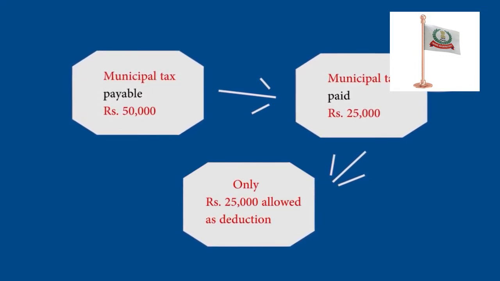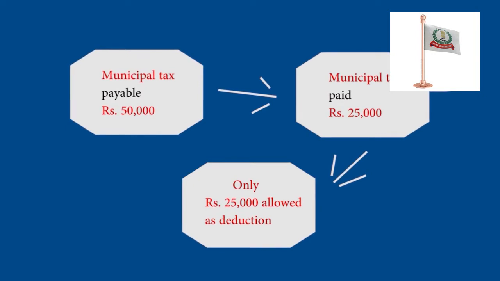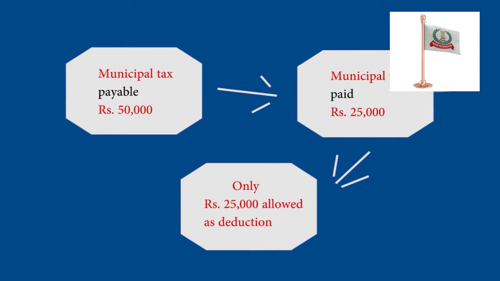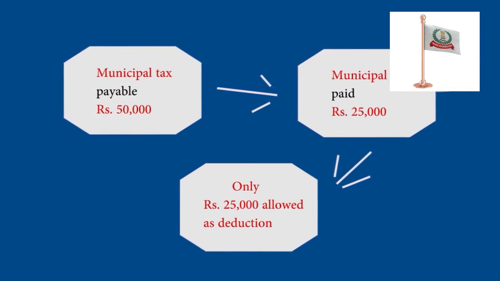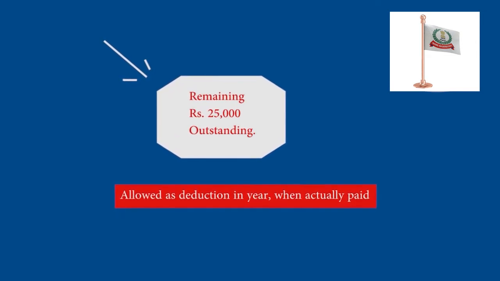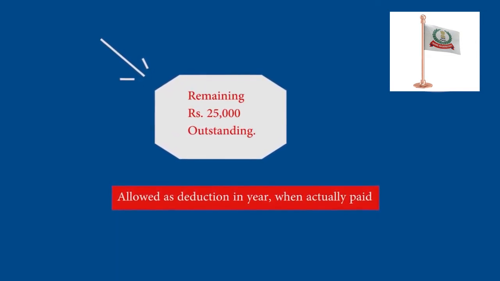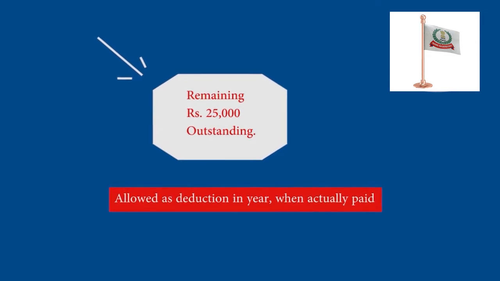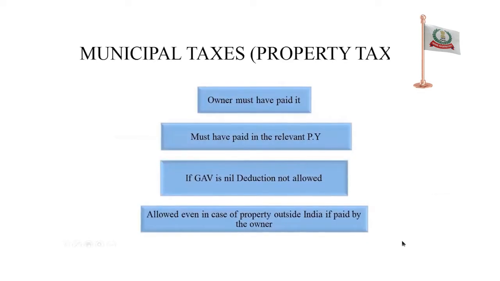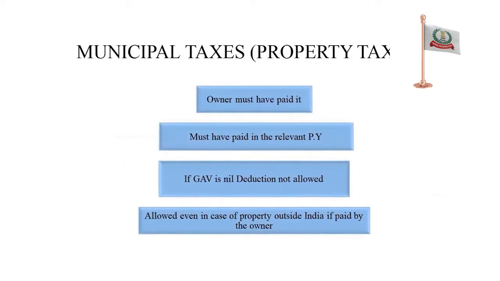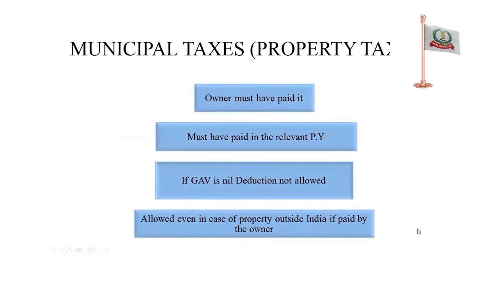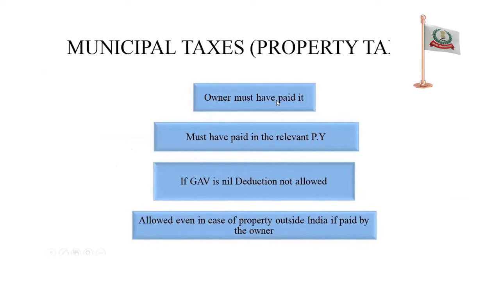Here, in this situation, only rupees 25,000 shall be allowed as a deduction and the balance rupees 25,000 shall be outstanding and will be deductible in the year in which it is actually paid to the authority. One point should also be noted here that whatever amount we have paid in the current year relating to the last or previous year, that amount shall also be allowed as a deduction in the current year itself.